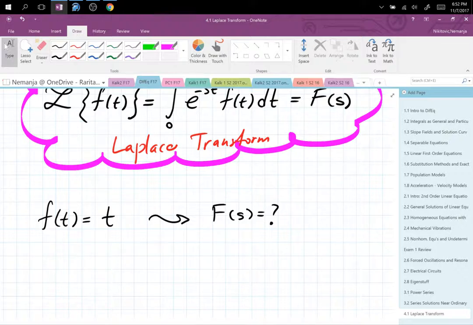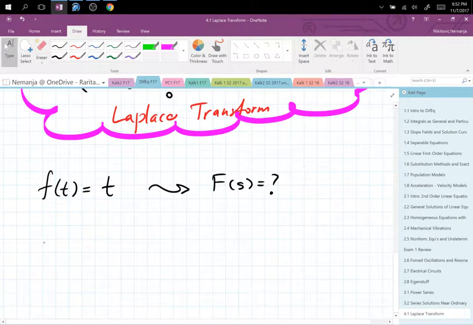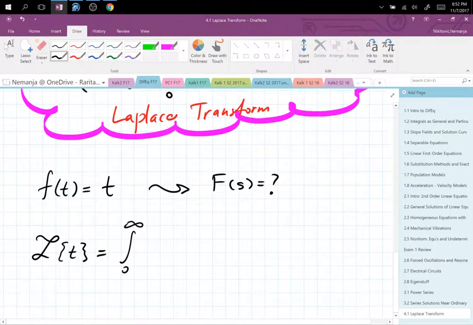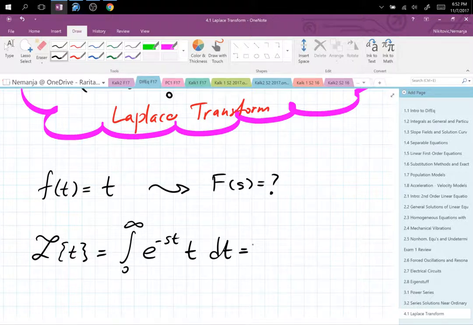we are going to set up our Laplace transform. So Laplace transform of function t is the integral 0 to infinity e to the negative st times t dt. Now this is the cheapest possible, well, the second cheapest. The cheapest one is 1.